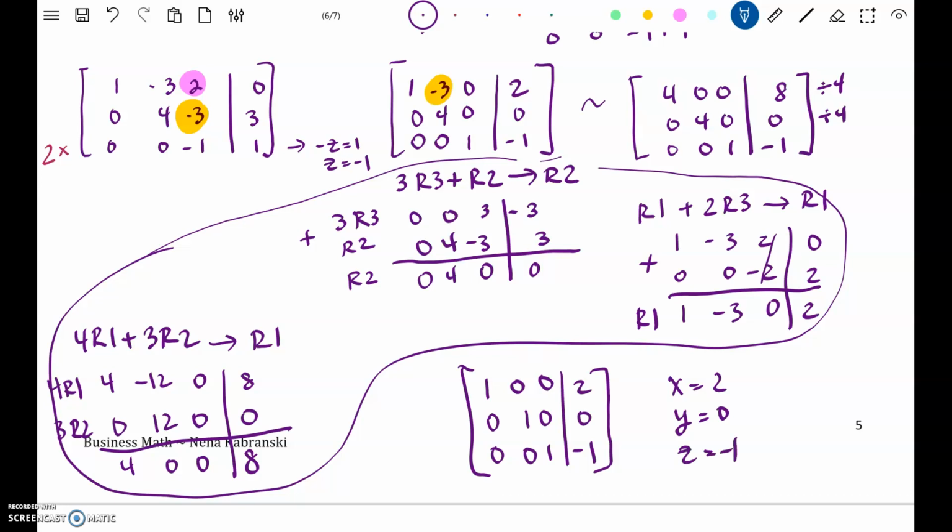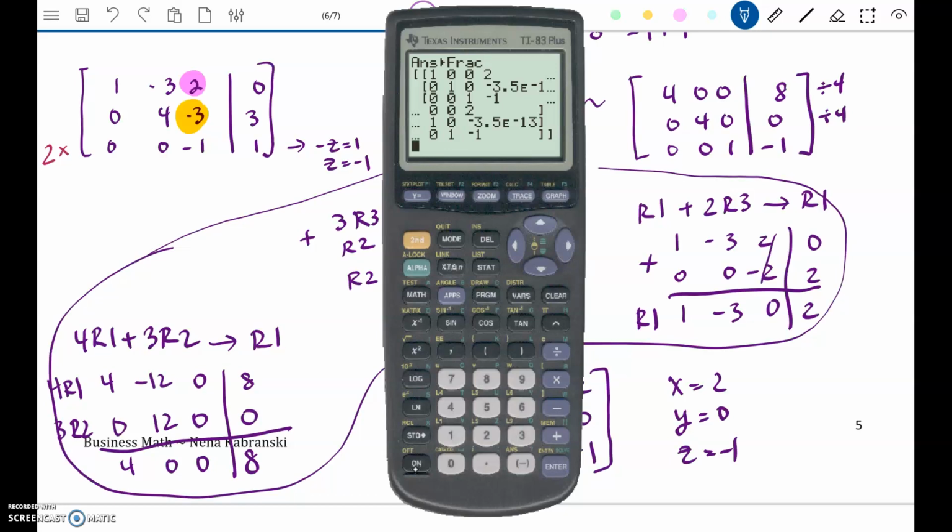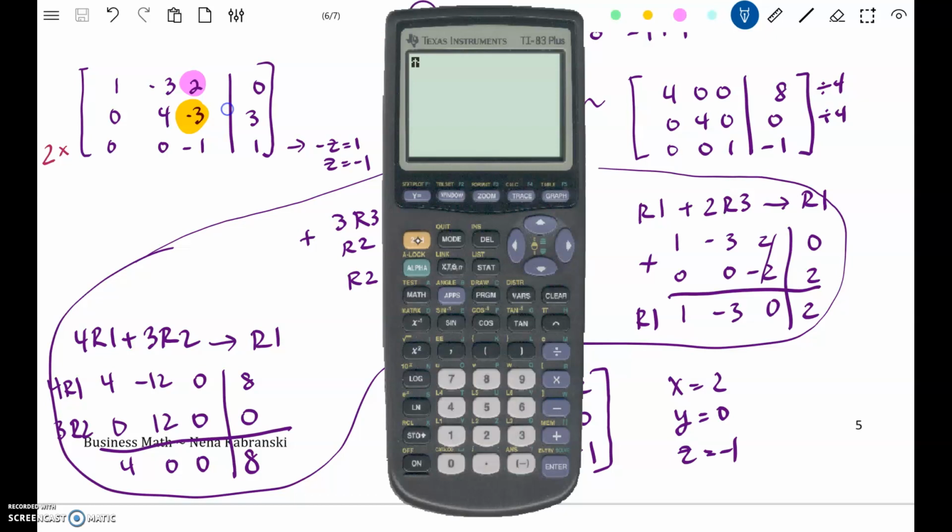And if we look at my calculator, what my calculator had here was x is equal to 2, y is equal to negative 2, and for the z value I've got negative 3.5 times 10 to the power of negative 13, which is a very small number, or 0.